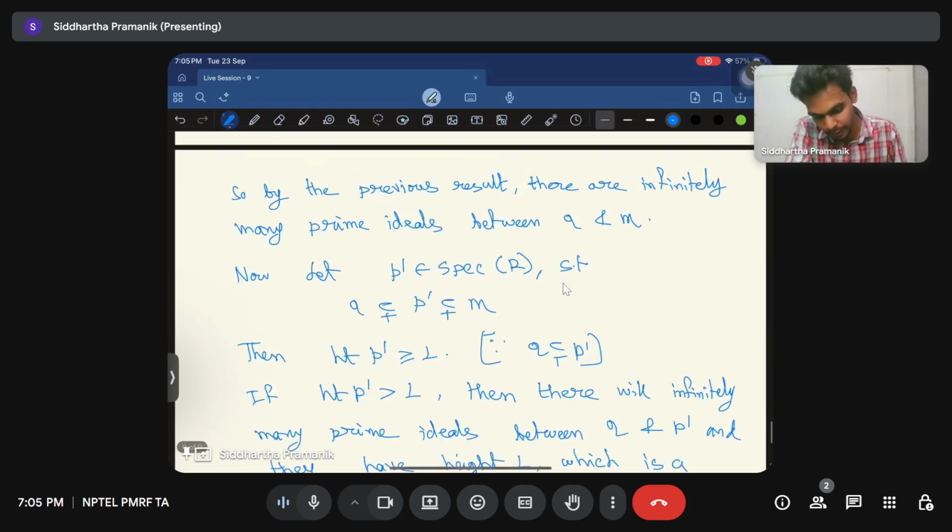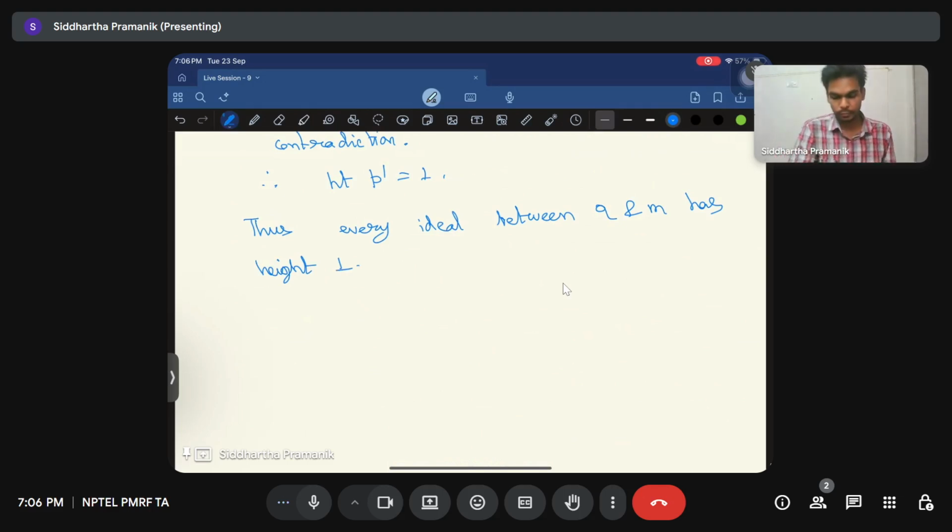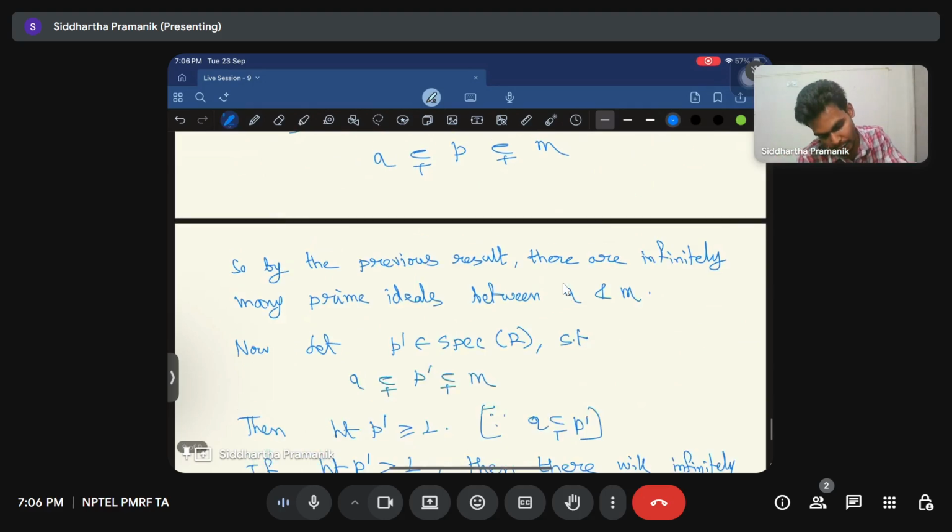So every ideal between Q and M has height 1. But we have infinitely many of them.